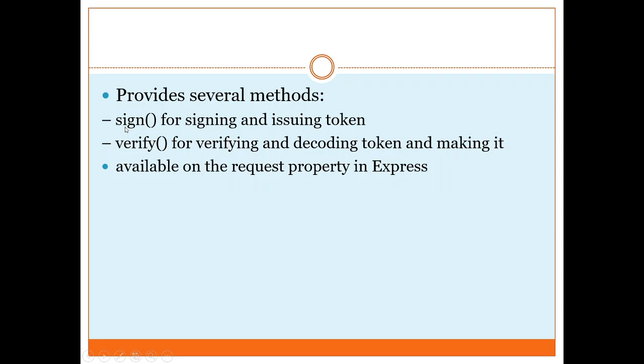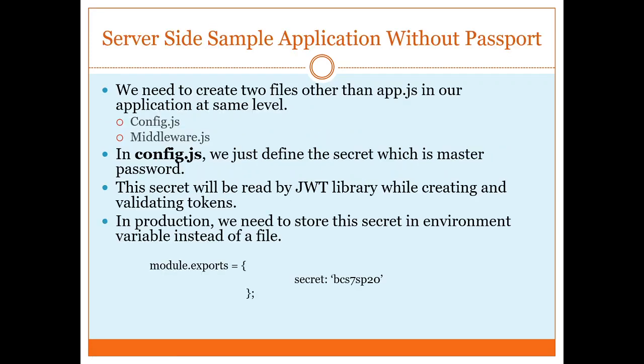Sign will generate a token which will be provided to the end user application. In the next step, when the user requests back with some other information, we will verify that information. For that we need to implement the verify method for verification and decoding the token and making it available on the request property in Express. Let's see how it works.